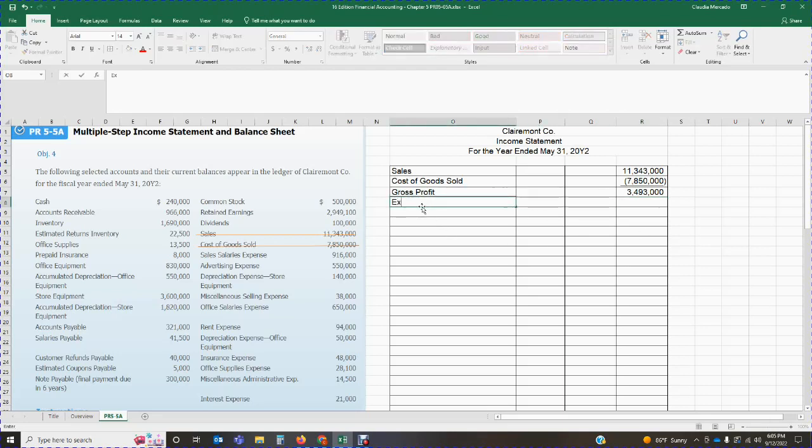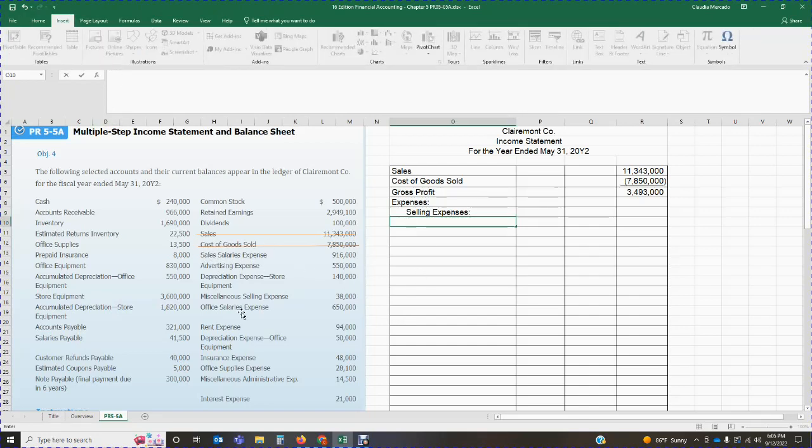Then we're going to bring in our expenses. Remember, we have expenses and we have to classify them either as selling expenses or administrative expenses. Selling expenses: let's look at our expenses and see what falls under selling. Here it says sales salaries expense. That has to do with sales, so that's part of a selling expense.